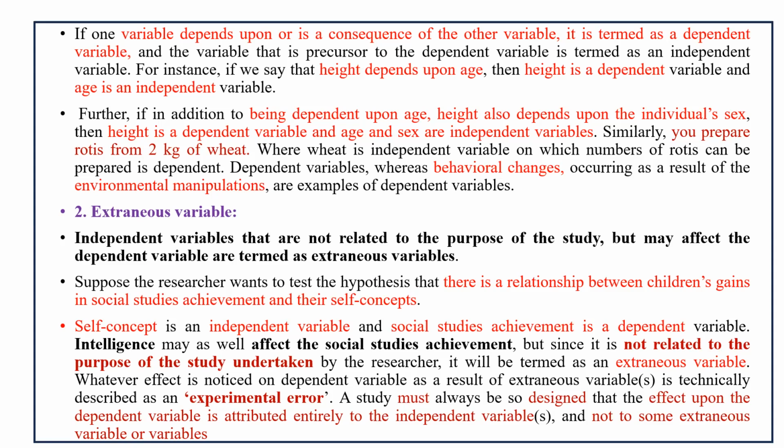You must have heard this word everywhere, that there is experimental error. This is what experimental error means. And a study must always be designed in such a way that the effect on the dependent variable is attributed entirely to the independent variable and not to the extraneous variable.